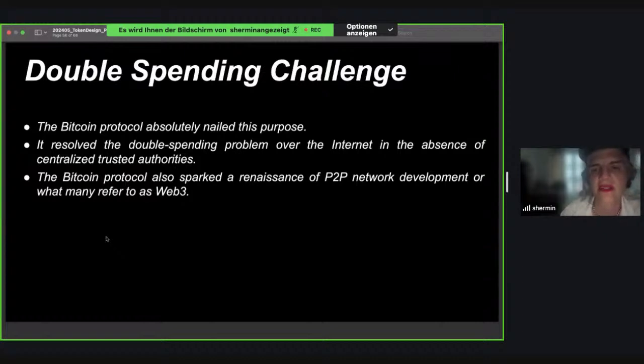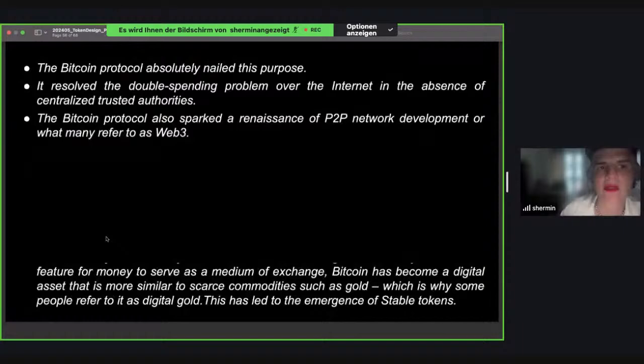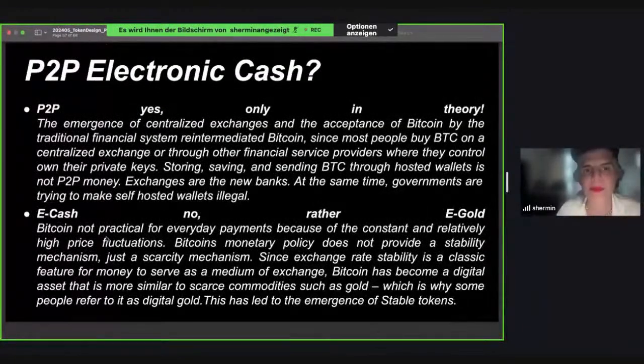Bitcoin also sparked the renaissance of peer-to-peer network development, and what many refer to as Web3. So this one, thumbs up, Bitcoin really nailed this one. Now, when it comes to peer-to-peer electronic cash, peer-to-peer, yes, but only in theory. The emergence, as I said before, of centralized exchanges and the acceptance of Bitcoin by the traditional financial system has re-intermediated Bitcoin.